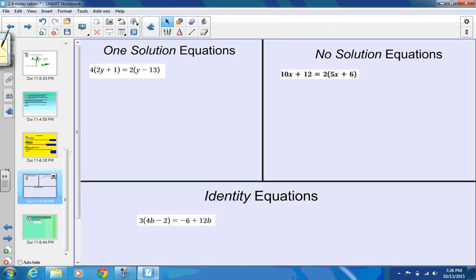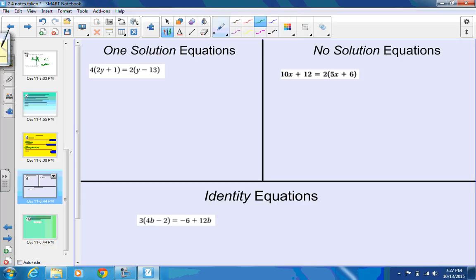And each of these three things are probably really important for you to take notes on. So let's start with the first one, with the one solution. This is what we're familiar with. All right, so let's just divide up the two sides right away. And I'm going to simplify the left side. Looks like with this parentheses, with addition inside, and a number multiplied by that parentheses, you're going to distribute.